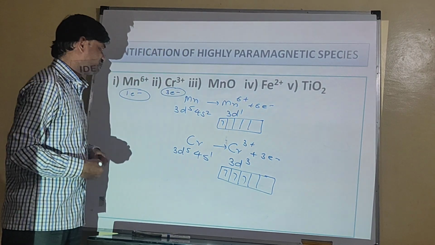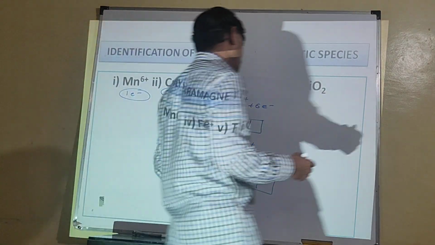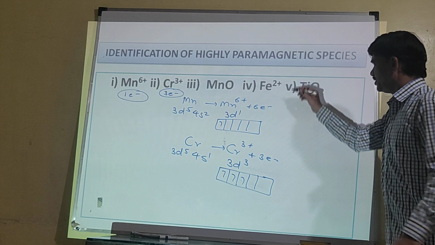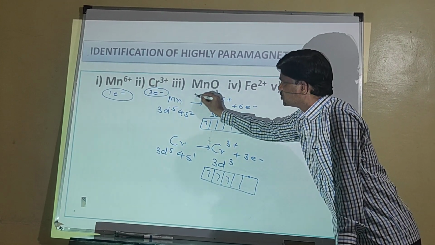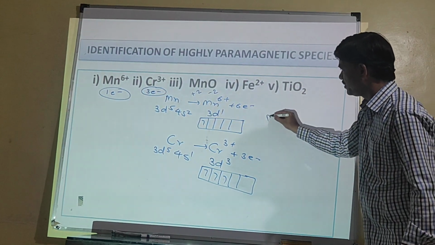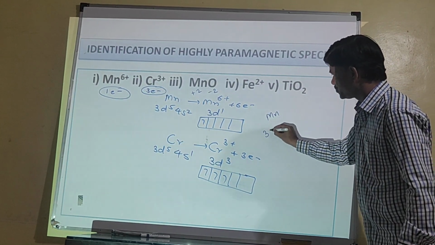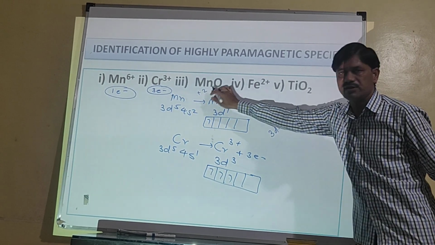Now check the next species. Which one? MnO. Can you tell me here? In MnO, what happened? This has a -2 charge, so this becomes +2. So we just write Mn here. What can we write? Manganese. What is this? 3d5 4s2. What charge are we getting here? +2.